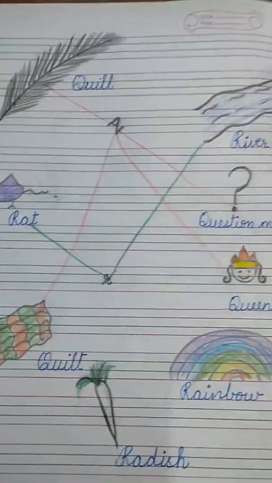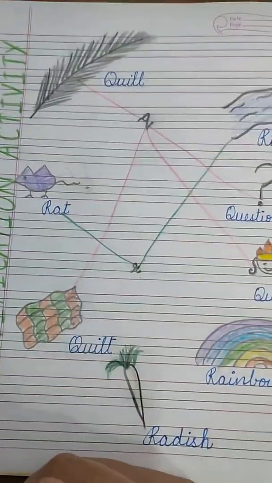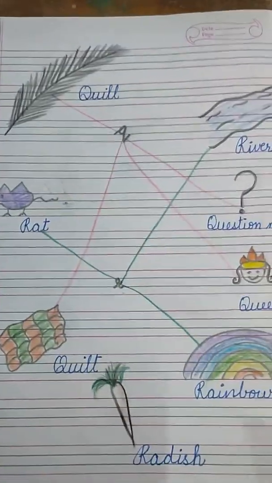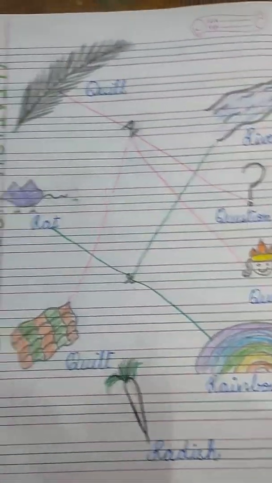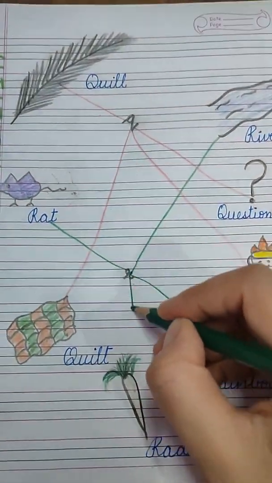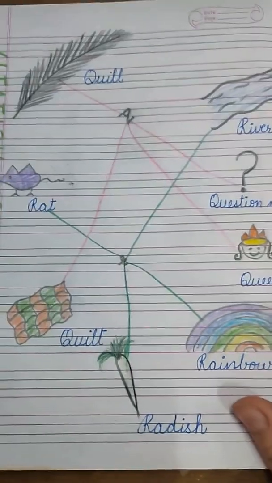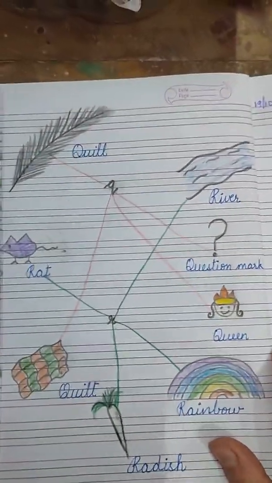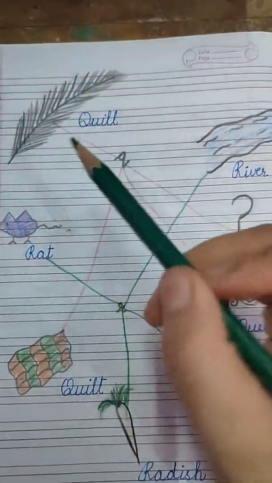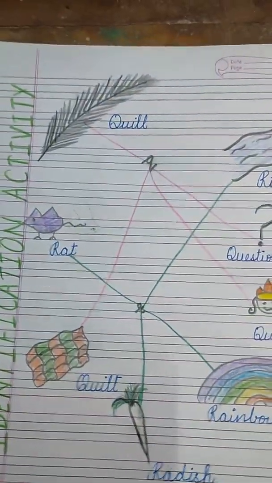And yes, R for rainbow. And is there any picture left? Yes, R for radish. Okay, so these are the pictures which are related to letter Q and R, and I have used 2 different colors to match with their pictures.